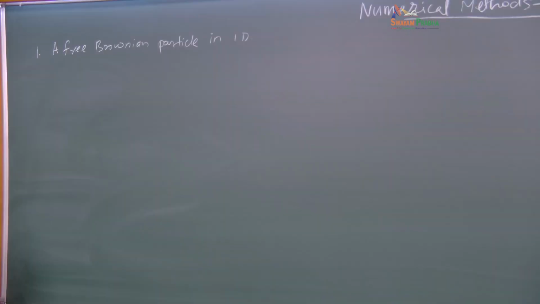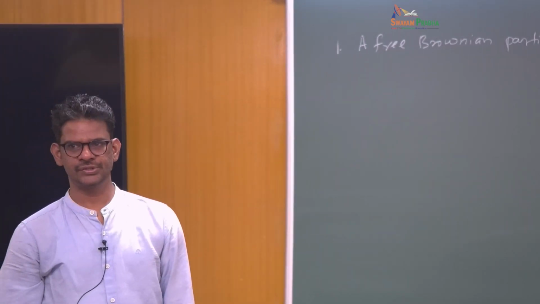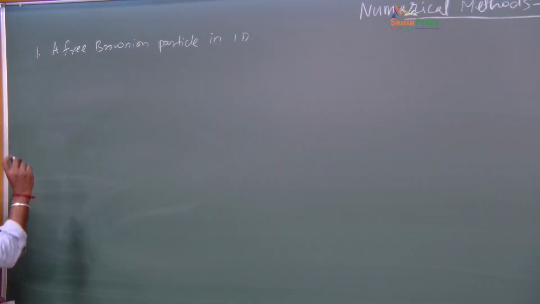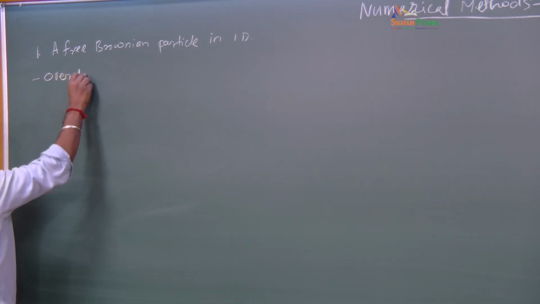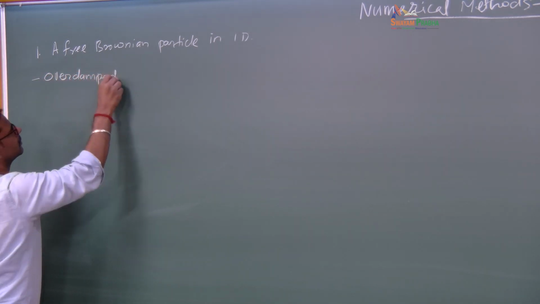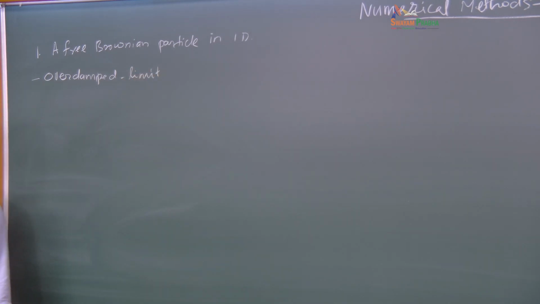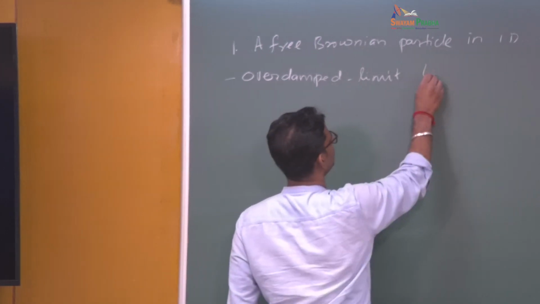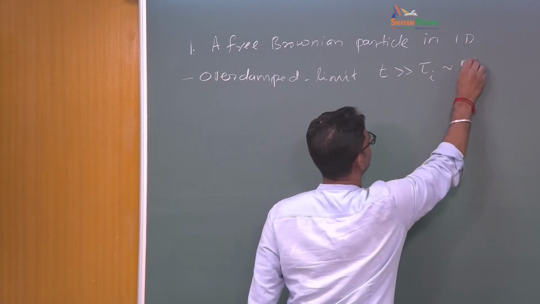When we construct a numerical algorithm, we can test the numerical accuracy, the numerical prediction, against the analytical results. So for this case, we will take the overdamped limit. What I mean by overdamped limit is that the inertial terms are neglected, and this can be neglected for time t much greater than the initial time, which is defined as m by gamma.